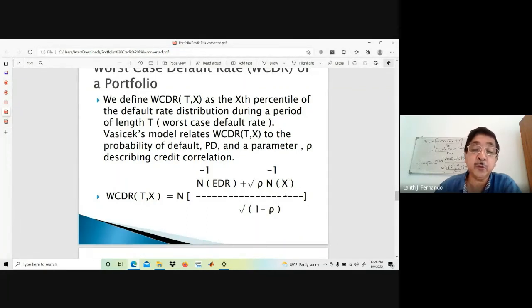That is the only thing we do. All others remain the same. Now, if you go for 1 year, the T becomes 1 year. If it is more than 1 year, then it should be adjusted as it is.